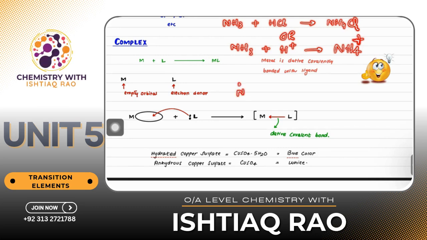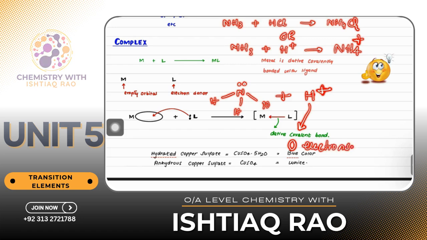So this is ammonia, with one lone pair, and this is H+. Of course, you all know that H+ has 0 electrons right now. So it needs 2 electrons more. So ammonia is giving its lone pair to this H+ ion, and it would be making a dative covalent bond. So how can I summarize it?